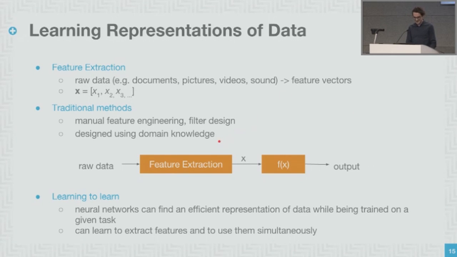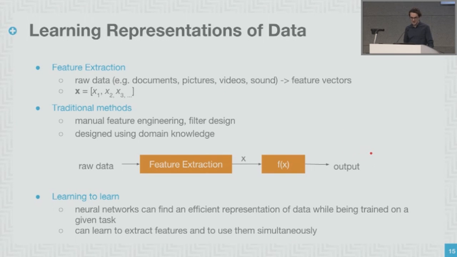This is the traditional pipeline for most machine learning algorithms before deep learning and artificial neural networks got popularized. We get the raw data, and then we extract some sort of features. For images, for example, it could be histograms or edge orientations or anything. Then we get the output, which is a feature vector that looks like this: X1, X2, X3, and then we feed that into a model to learn a relation between this internal representation of the data and the output.